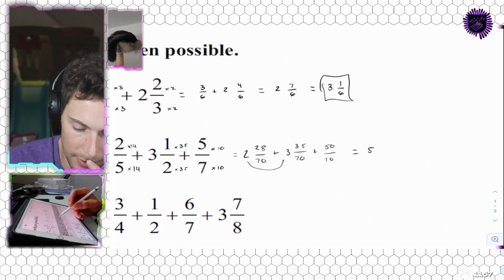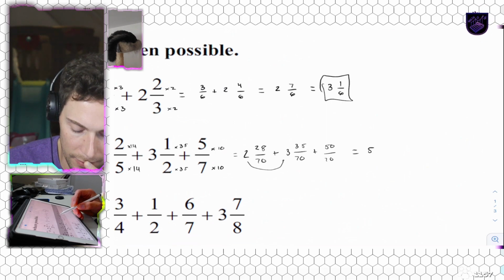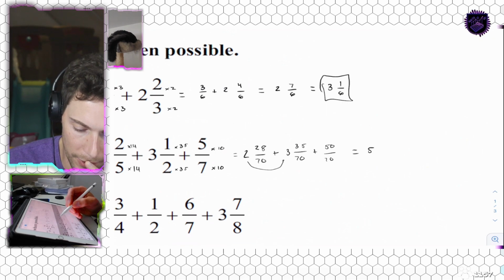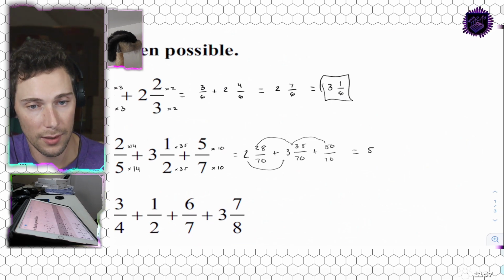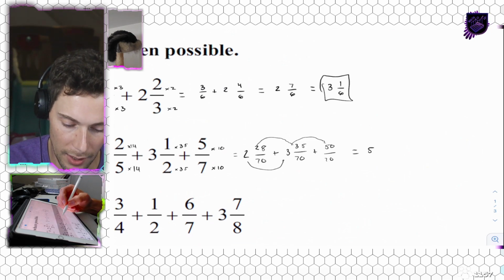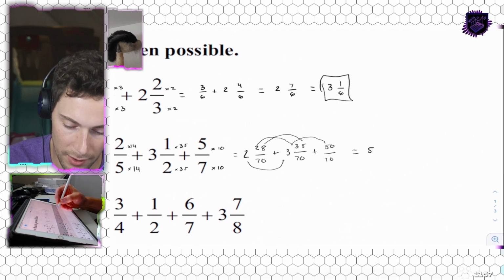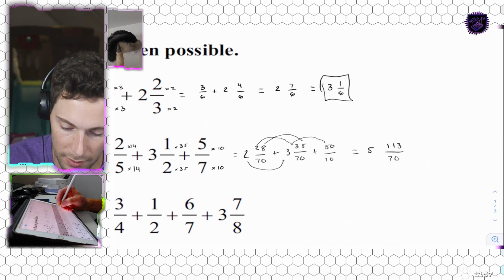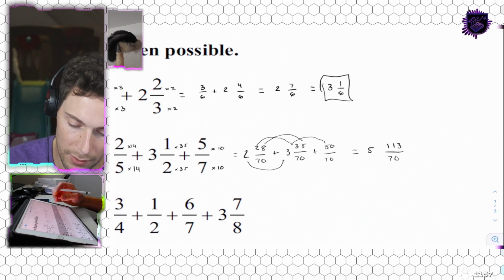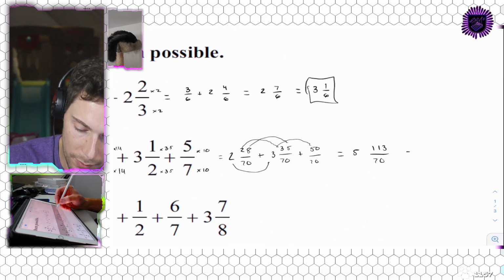And then 28, let's go 20, 50, 100. All right, so I'm going 20 plus 30 plus 50, which is 100. And 5 and 8 is 13. 113/70.